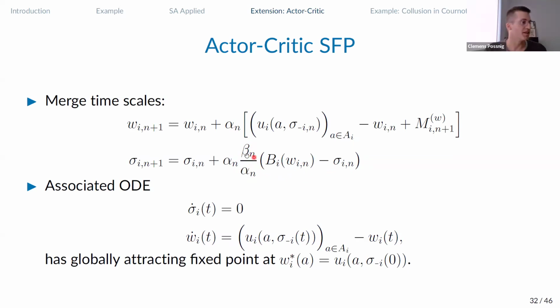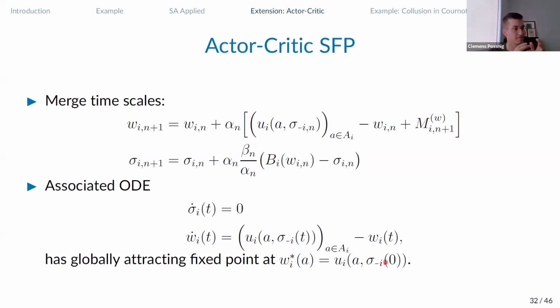So the associated ODE to this timescale is going to be the interesting one where sigma_i is 0 and w_i is this linear system. On the left-hand side, we have a constant sigma_i with a globally attracting unique rest point, which is just the expected payoff given the fixed sigma that you started with.